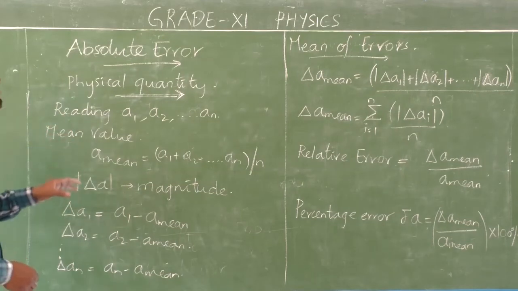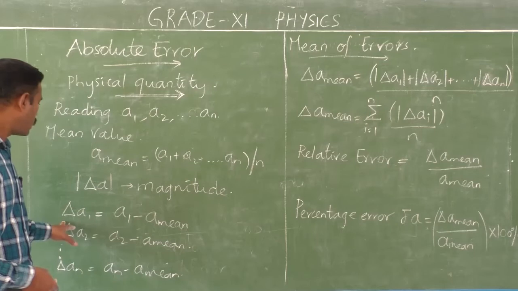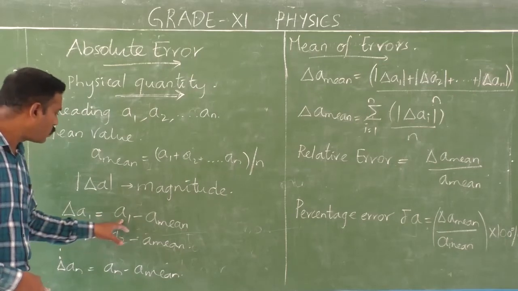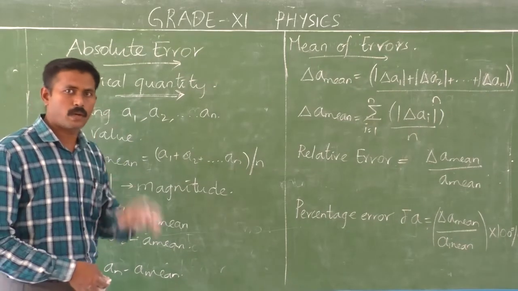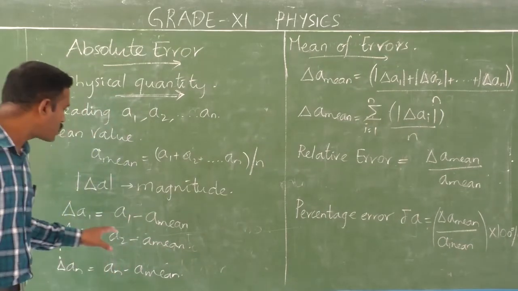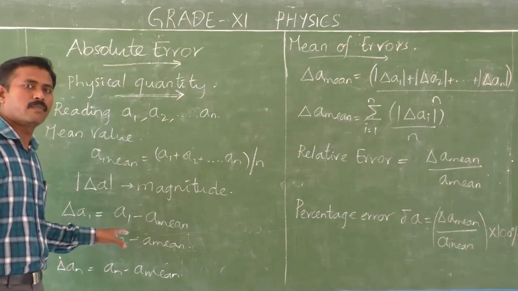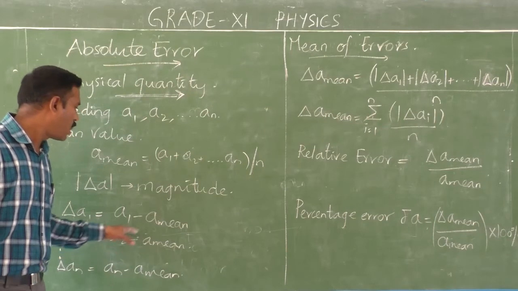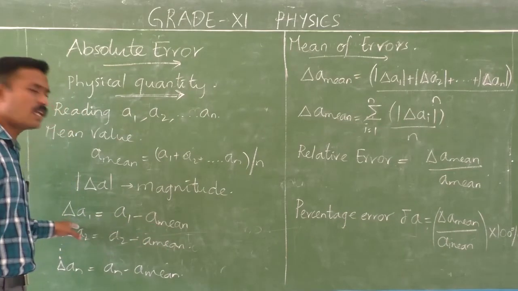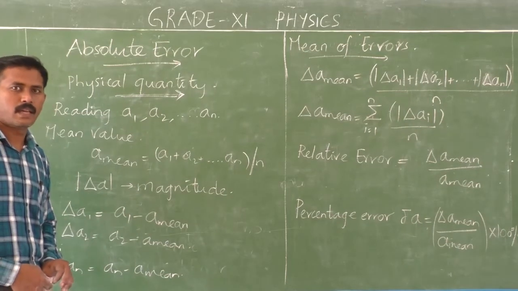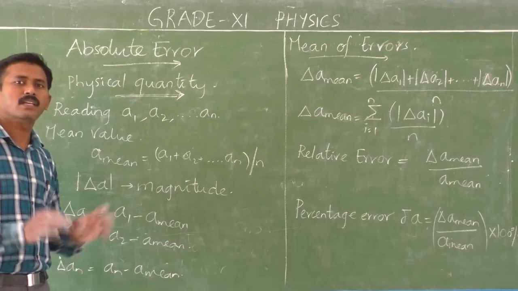Next one is absolute error. Each and every value differs from the mean value, which is the true value. So the difference between the magnitude of an individual reading and the true value is the absolute error, and we take only the magnitude of the value, not the sign.